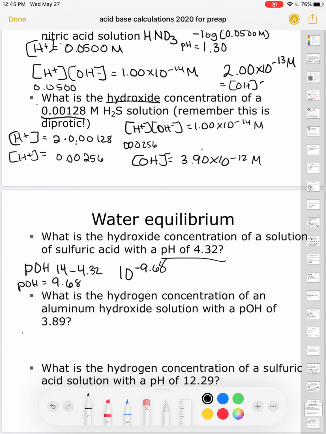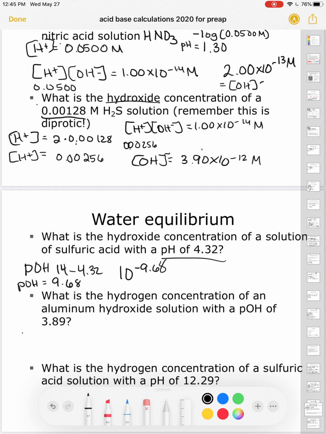Turn my calculator over. Inverse log second. That's not right.